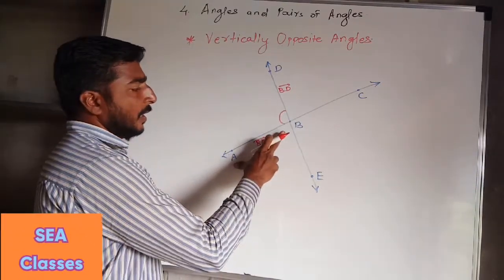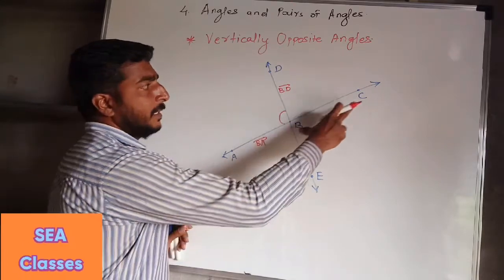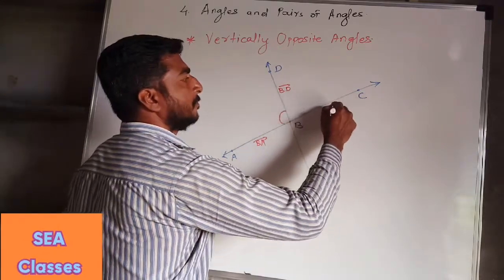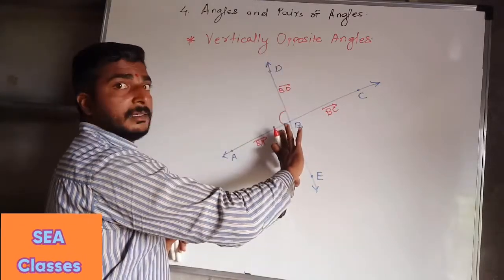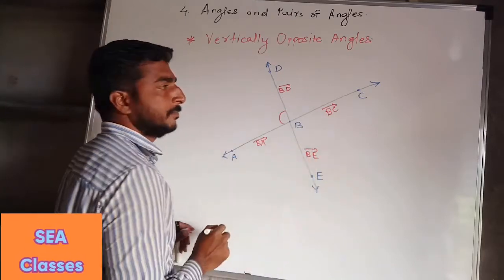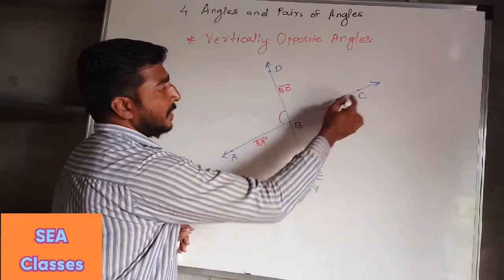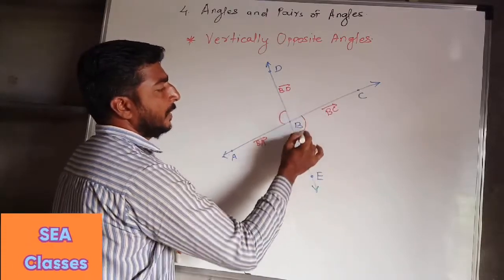Now you know the opposite ray of BA is ray BC, and the opposite ray of BD is ray BE. So this is the angle formed here by ray BC and BE.